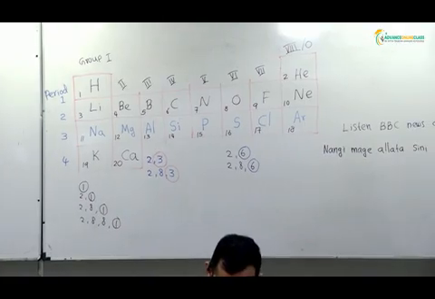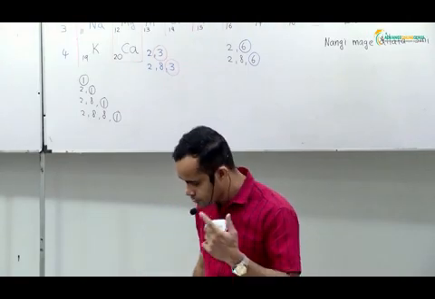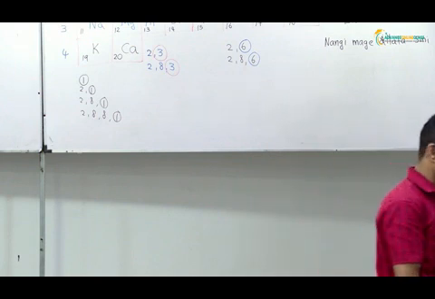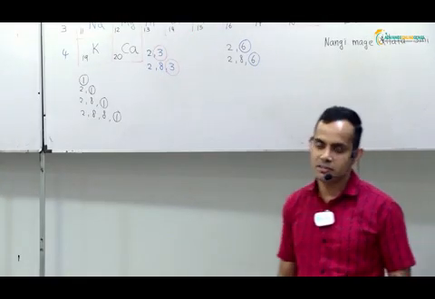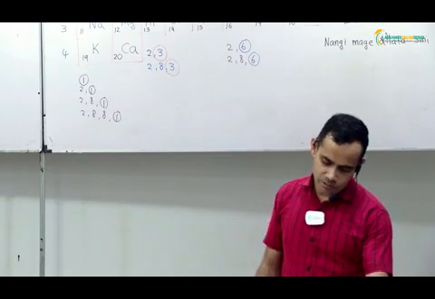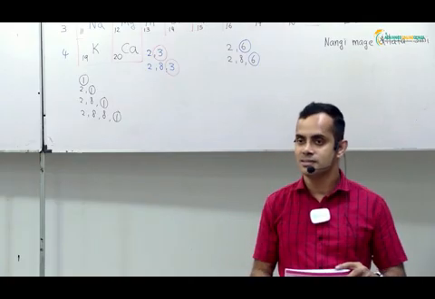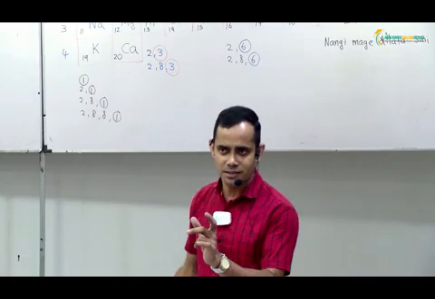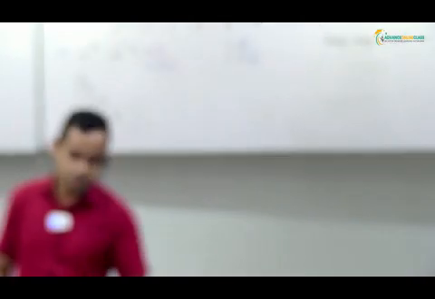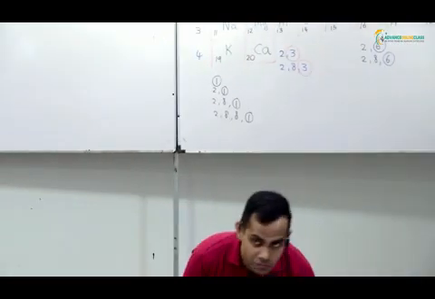Modern periodic table. How many elements have been found so far? If you check your textbook, it is giving you above 115. Let's write the same.